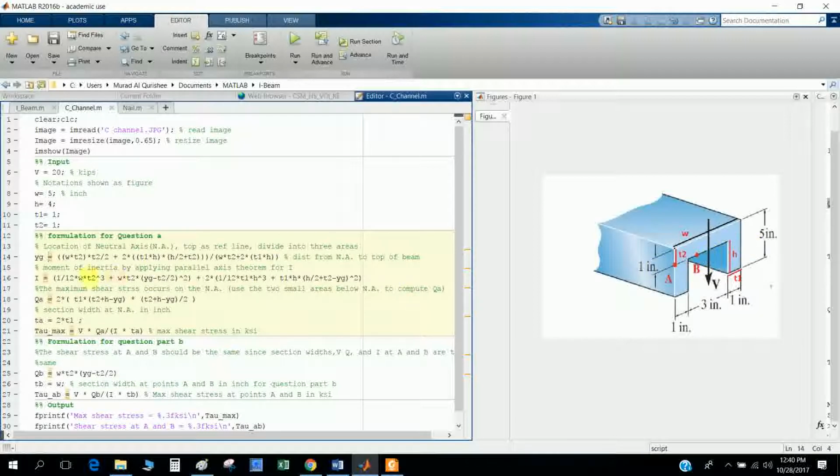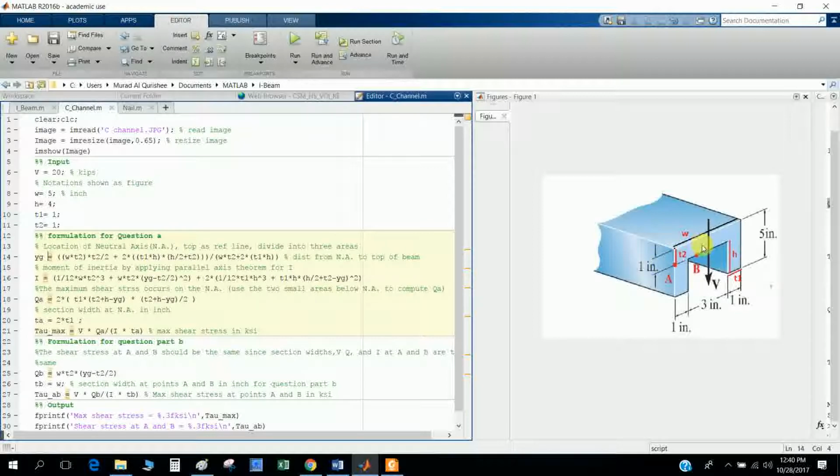Then the moment of inertia, again 1 by 12 bh cube, for this plane 1 cube, plus again w into t2, with its center of gravity distance half, 1 divided by 2.